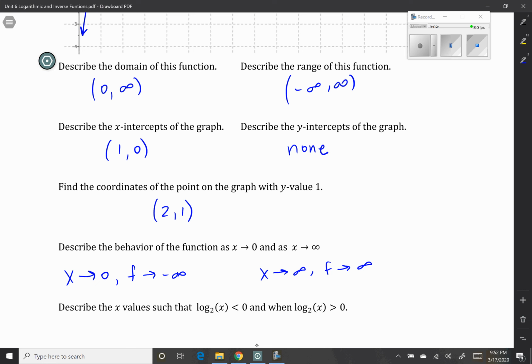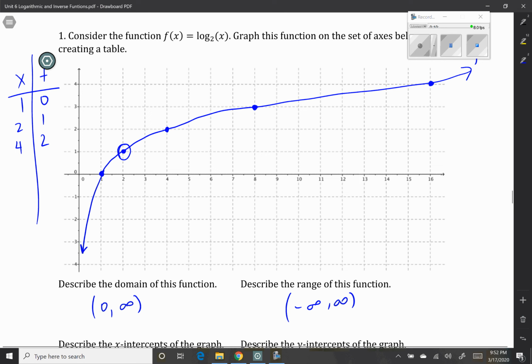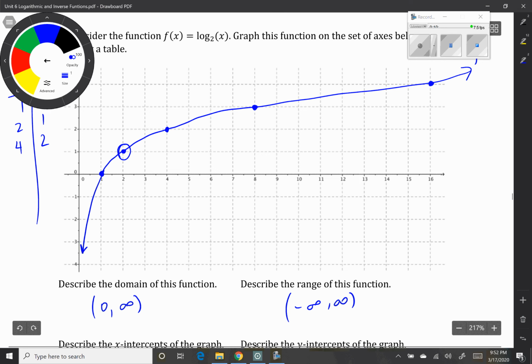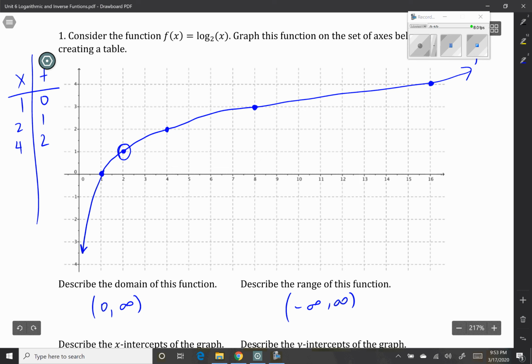Then it says describe the x values such that log base 2 of x is less than 0 and log base 2 of x is greater than 0. So here we're talking about two sections of our graph. We want to look at the part of the graph where the logarithm is above the x-axis and below the x-axis.